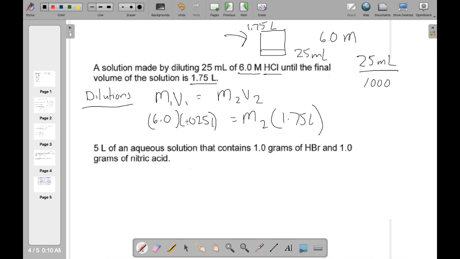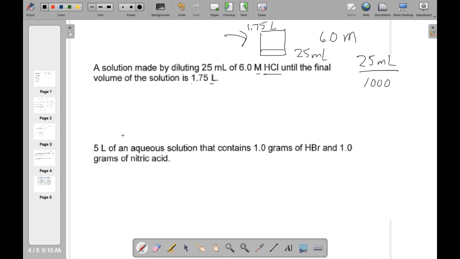So I do this math here. Let me rewrite this. My M2 is going to equal 6 times 0.025 divided by 1.75.